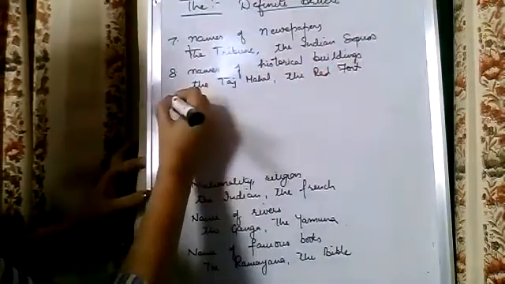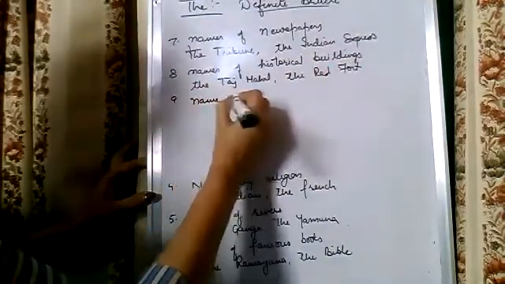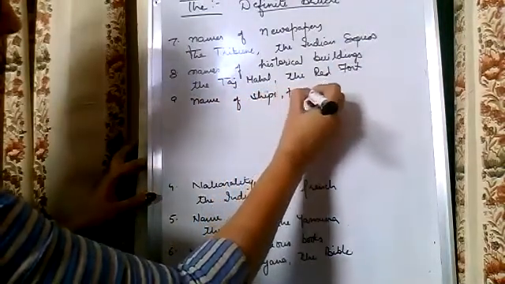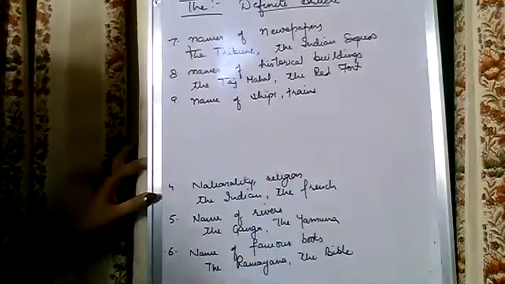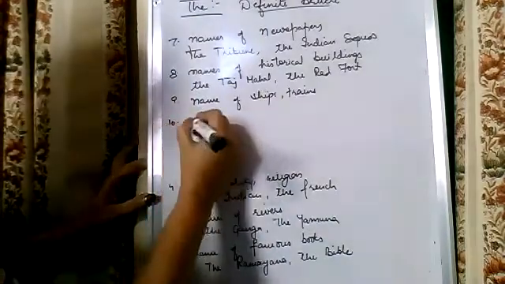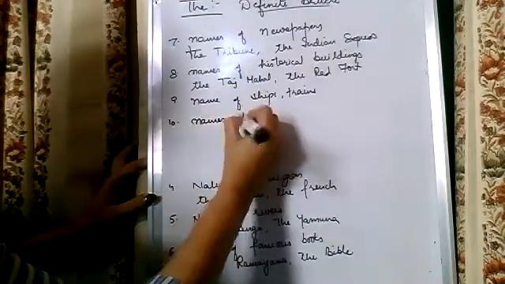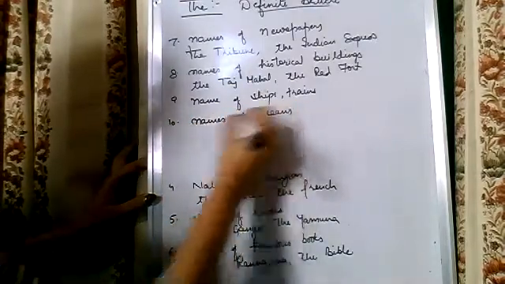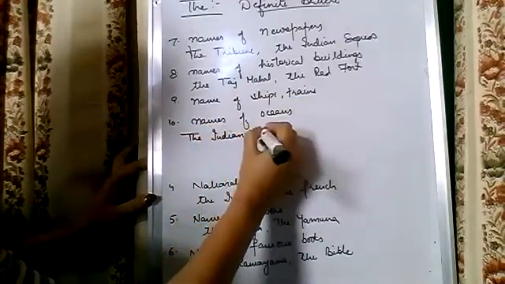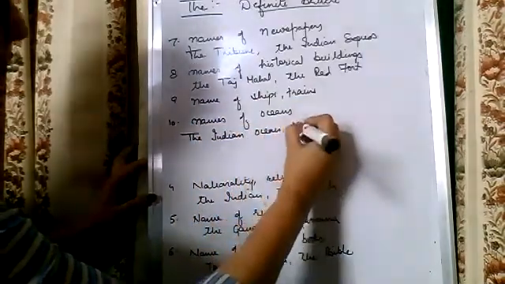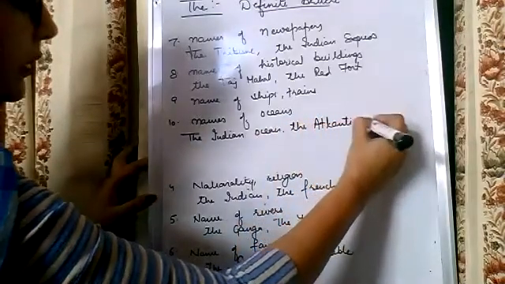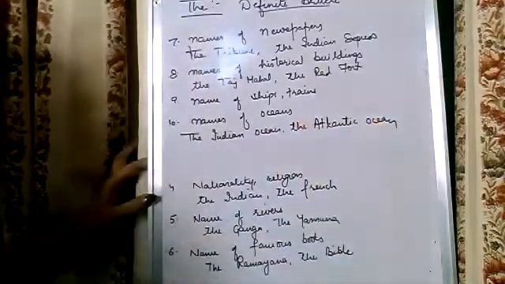Names of ships or trains, we also use "the." Names of oceans, for example, the Indian Ocean, the Atlantic Ocean. We use "the" with them.